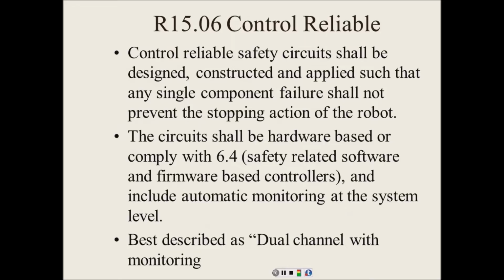All our safety and e-stop systems in robotics are what we call control reliable. Control reliable safety circuits shall be designed, constructed, and applied such that any single component failure shall not prevent the stopping of the robot. So basically that means there's 2 of everything. You might see one, but there's actually 2. That e-stop button is 2 switches.